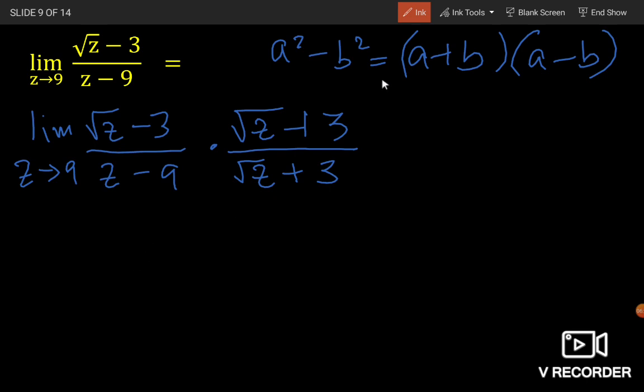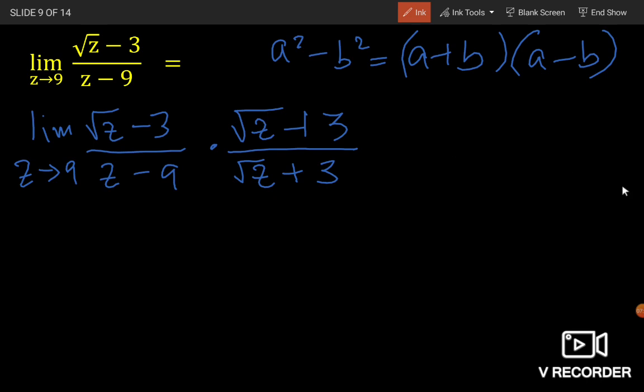Now, you can see here, the square root of z minus 3 multiplied by the square root of z plus 3 is equivalent to a plus b, a minus b. This a minus b is the square root of z minus 3, and this a plus b is the square root of z plus 3. So we can express this as a difference of two squares. We take the square of this minus the square of this.